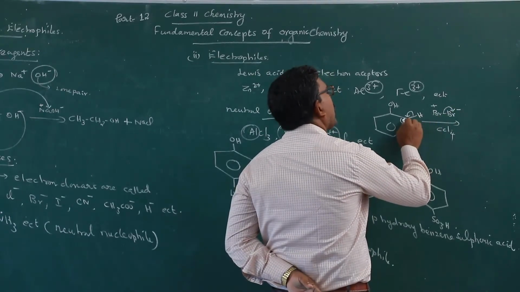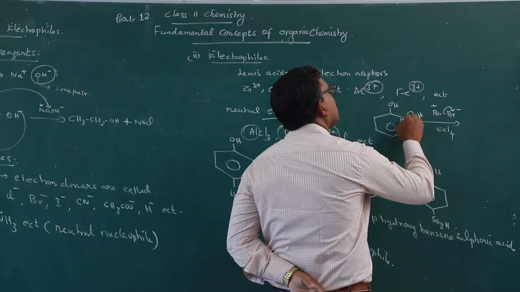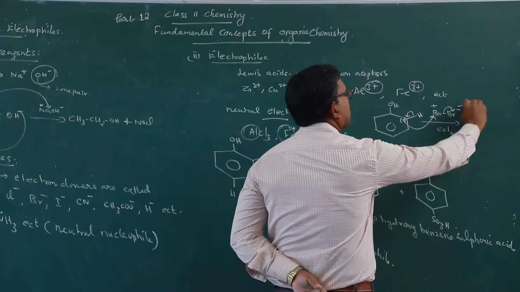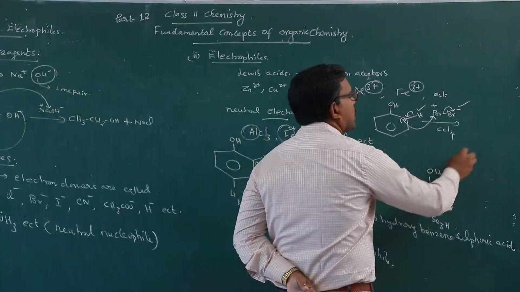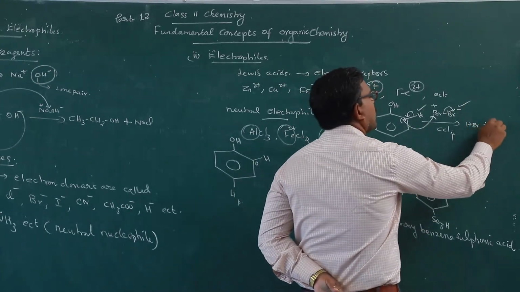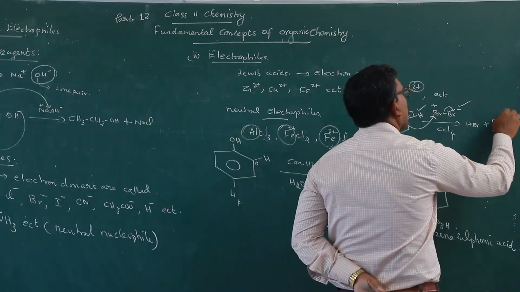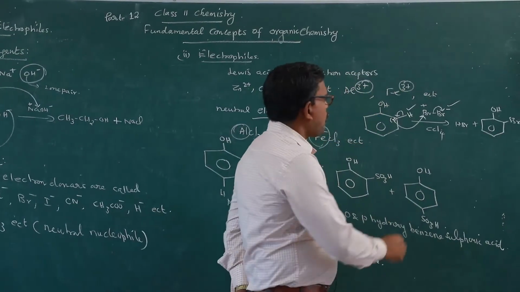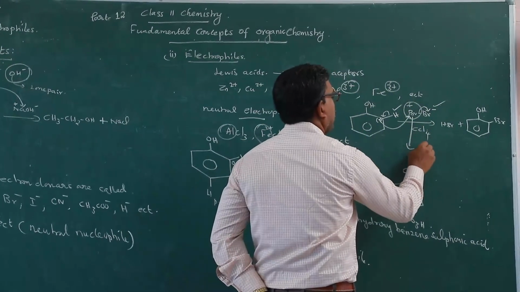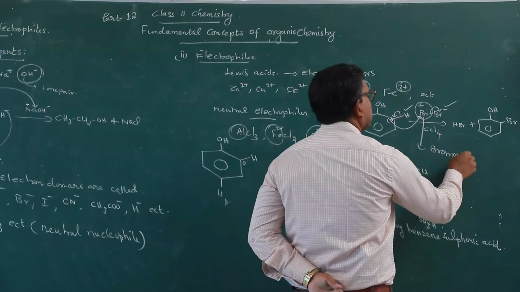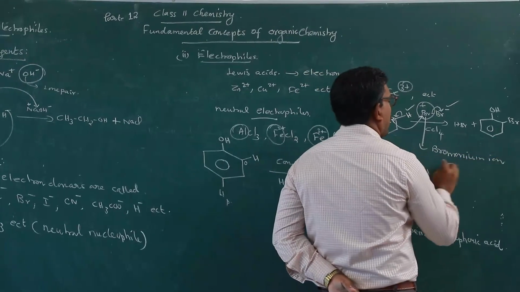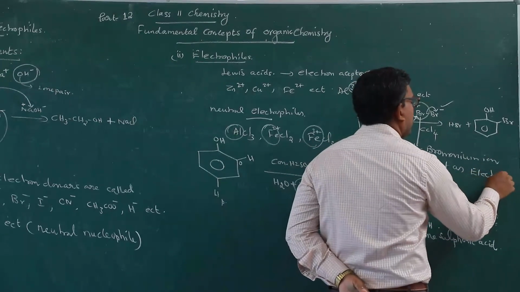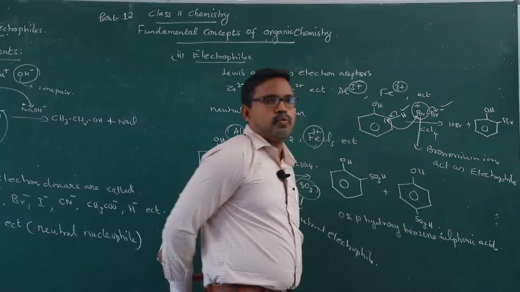This positive is the bromonium ion, and this hydrogen and Br minus give HBr. So it gives ortho bromophenol. The bromonium ion acts as an electrophile.